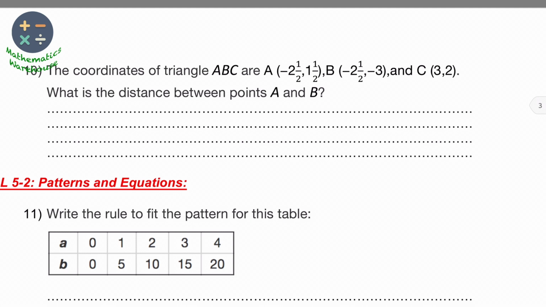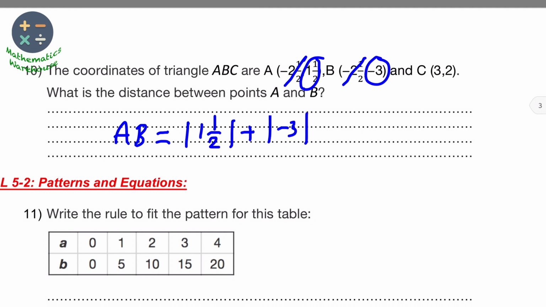Both points A and B have the same x coordinate, so we'd work on the y coordinate, which have different signs, so we're gonna add their absolute values. So the distance AB equals the absolute value of 1.5 plus the absolute value of -3, which is 1.5 plus 3 equals 4.5, or we can say 4.5.